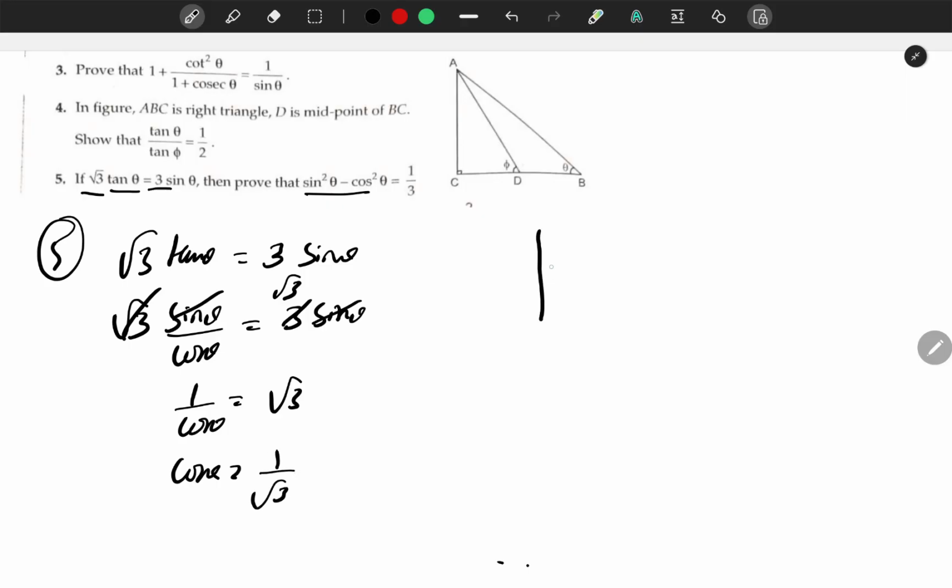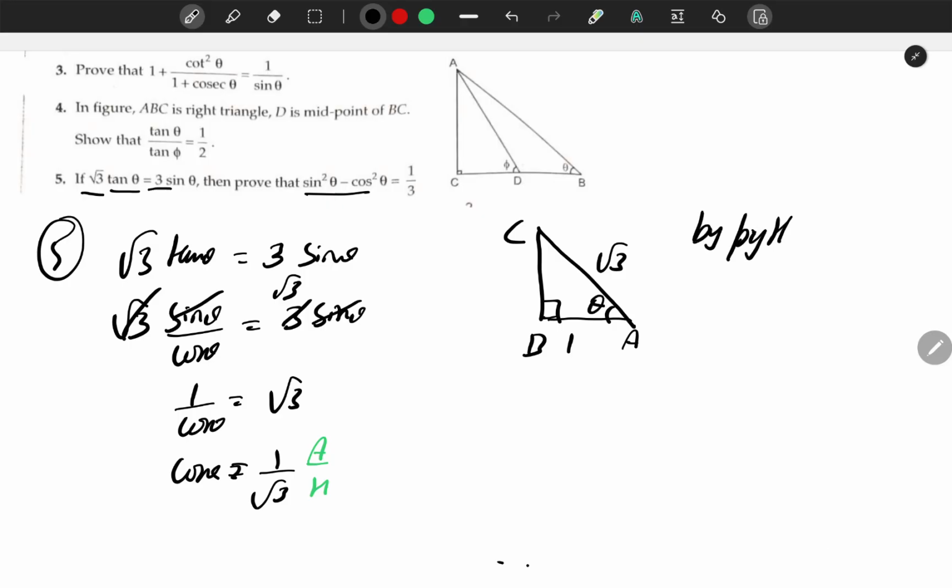Let us take a right angle triangle ABC. Cos theta is 1 by root 3. That is, cos means adjacent by hypotenuse. So adjacent is 1, hypotenuse is root 3. By applying the Pythagoras, AC square is equal to AB square plus BC square.